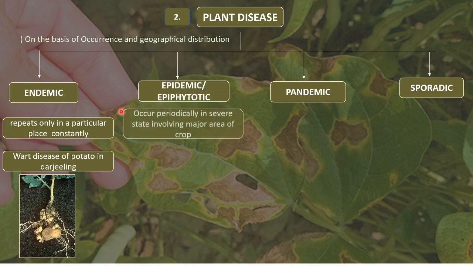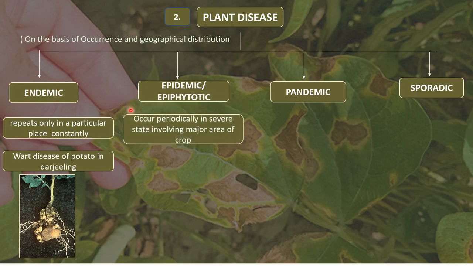Now let us see what epidemic is then. Epidemic occurs periodically in a severe state involving major areas of crop. So this happens periodically, which means after some time it keeps on repeating in a severe state, that is, its infections are severe, involving major areas of crop. So wherever crop is present, it will infect most of the crops, right?